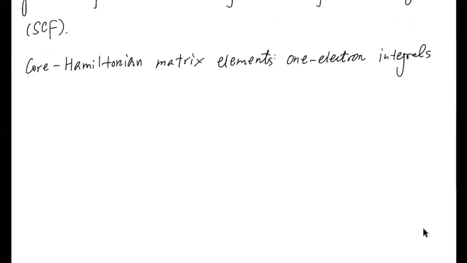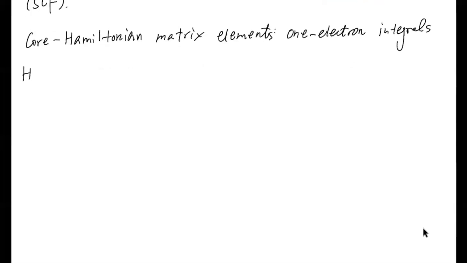right? And this is essentially like you do not have the interaction between the electrons, as if the electrons are purely independent, right? And that gives you the definition of the core Hamiltonian matrix element. H12 core is defined as chi1.